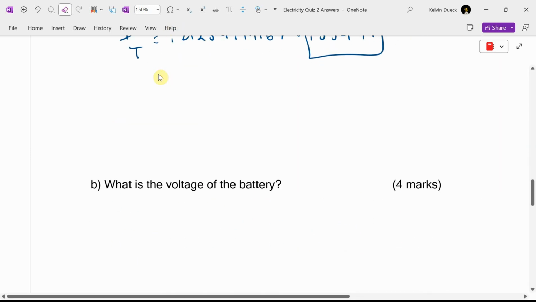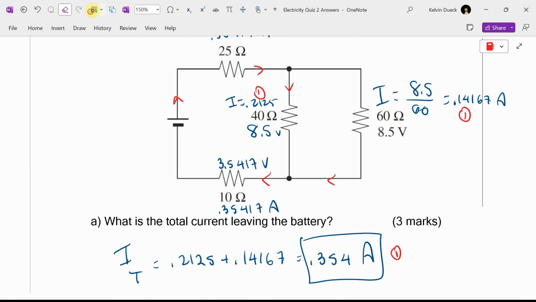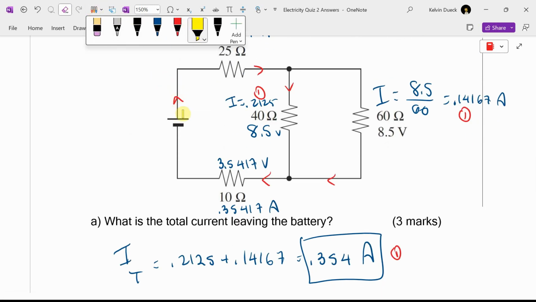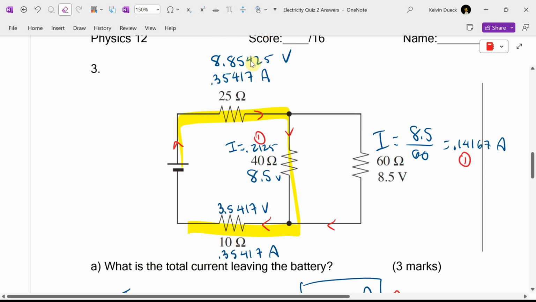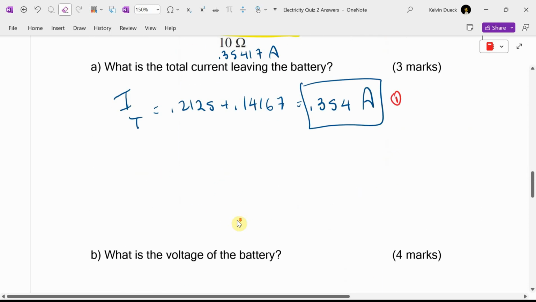Then I'm guessing it wants the voltage of the battery. Yeah, now I'm good for the voltage of the battery because the voltage is going to be this ski run here. So it's going to be 8.854 plus 8.5 plus 3.54. I'll have to remember that. Let's see.